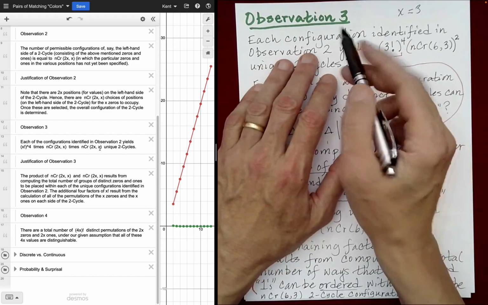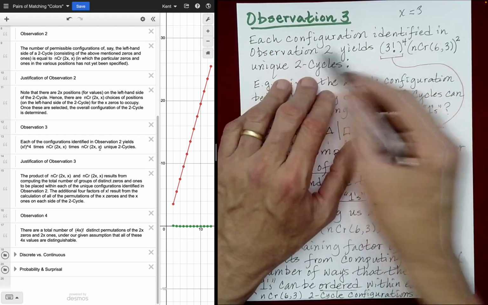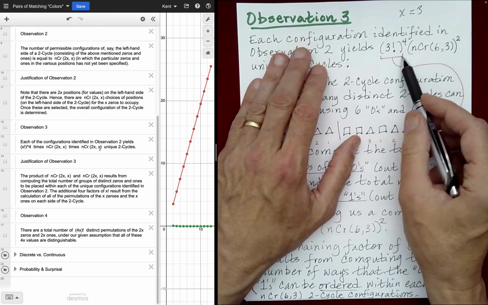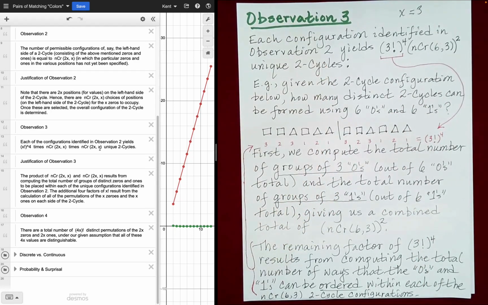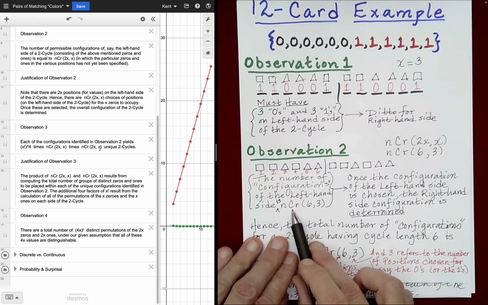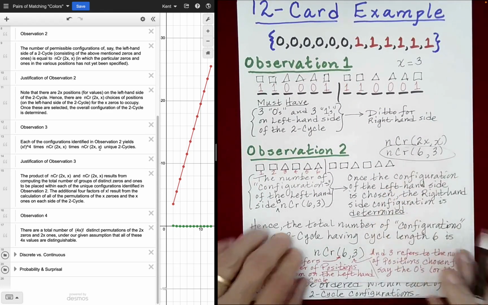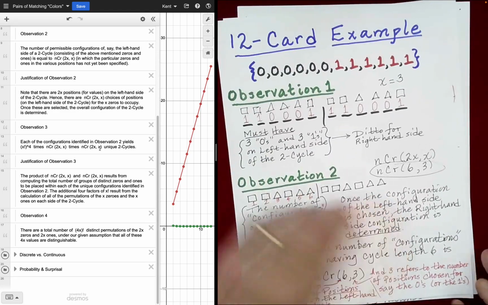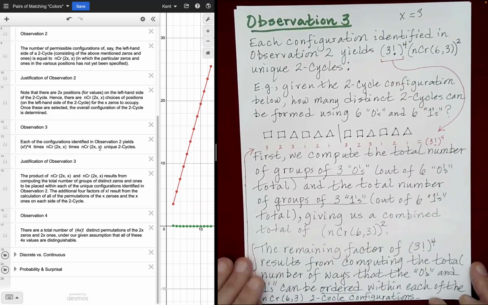That's important. So once we get this answer here, if this answer is correct for this statement, then it will be important that we take this product and multiply it by the number of distinct configurations, which we've already found. It's this right here. And if you keep that in mind, you'll recognize that later.